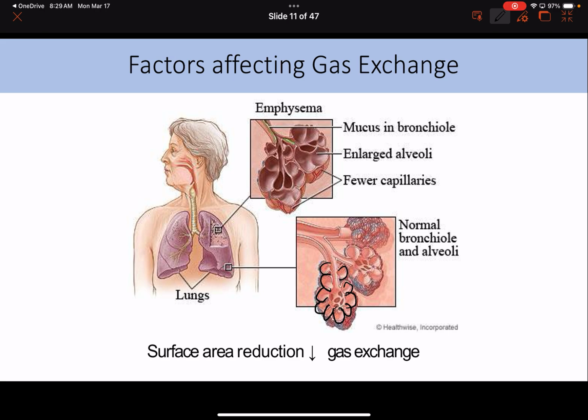And then in emphysema, where walls have been broken down, now you have fewer sacs that are much larger, okay? Much less surface area. And so when you have a lower surface area, you have lower gas exchange, which means gas exchange is slowed down.